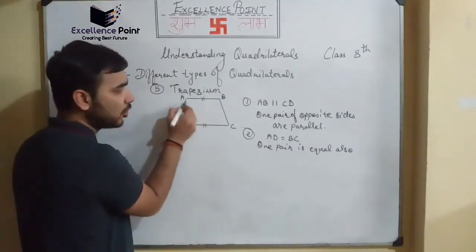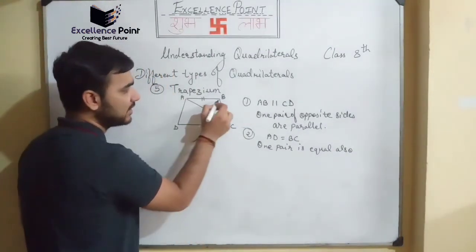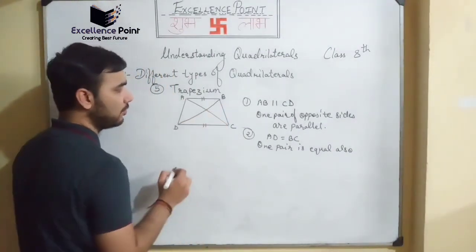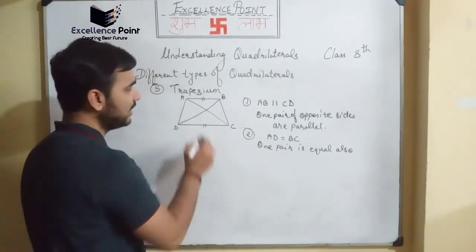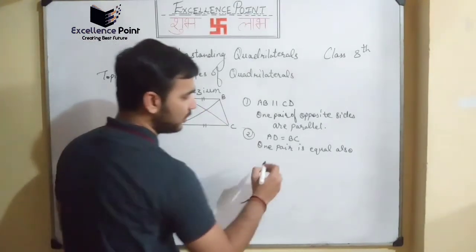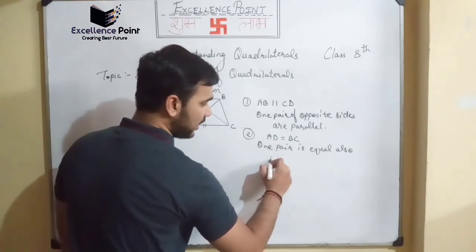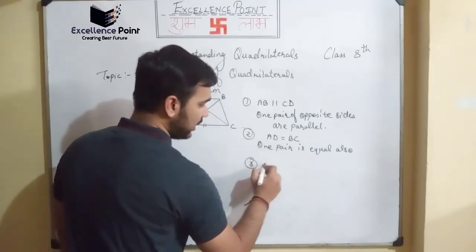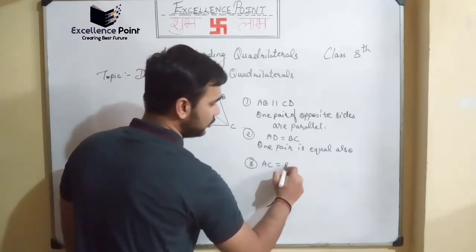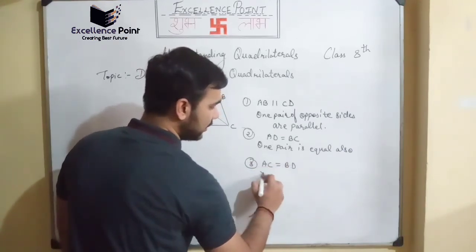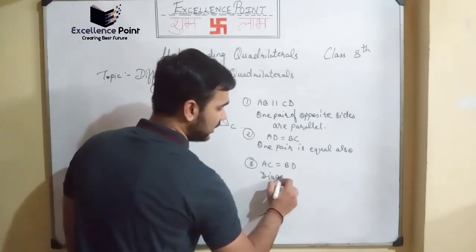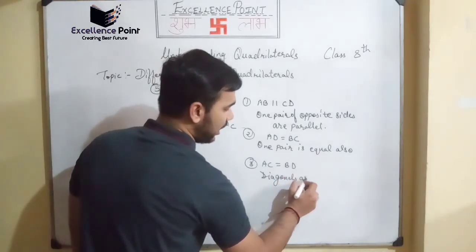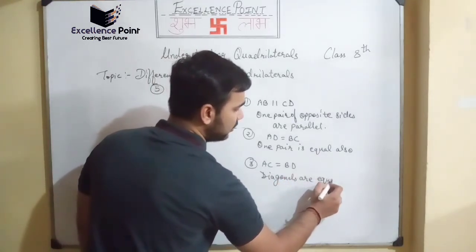Now if we join the diagonal AC and draw BD, you will see that AC is also equal to BD. So we will write AC, which is the third property. AC is equal to BD. It means the diagonals are equal.